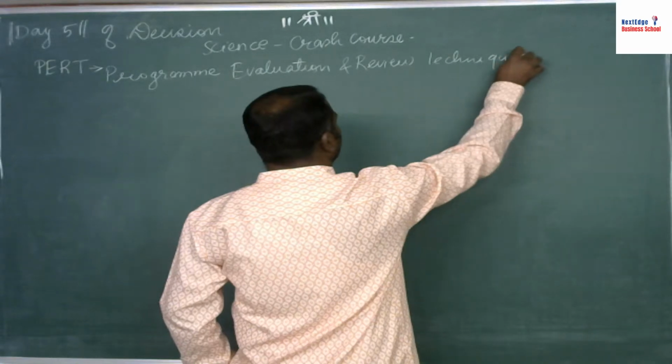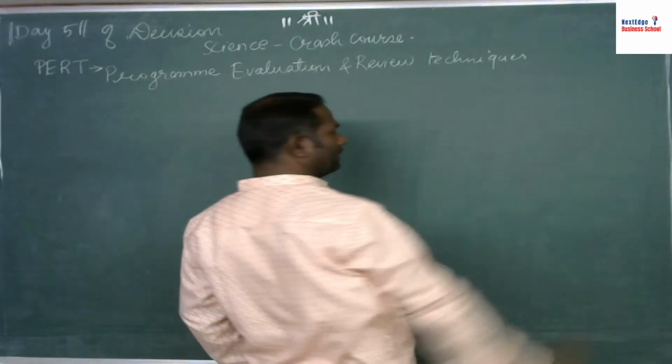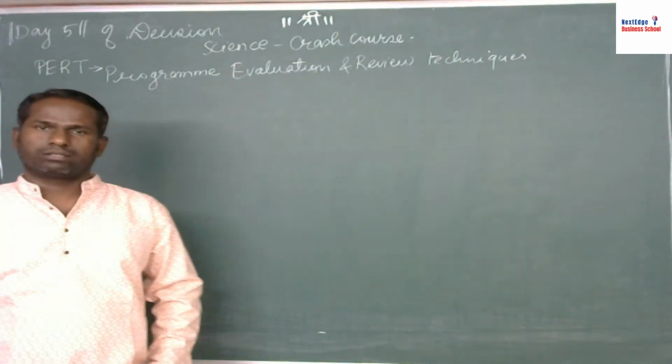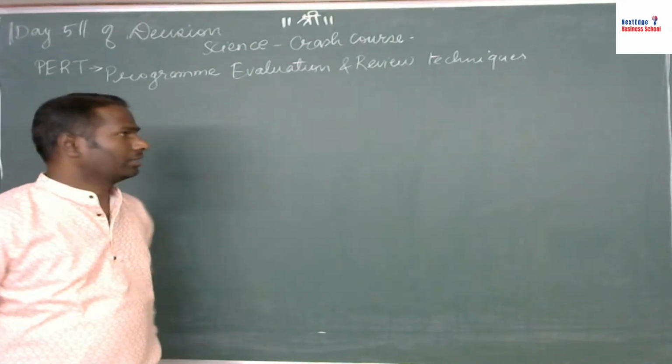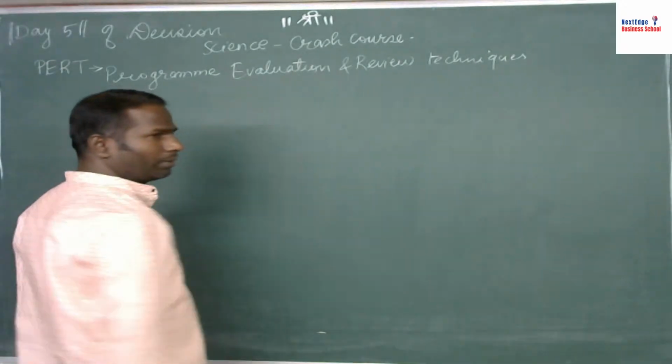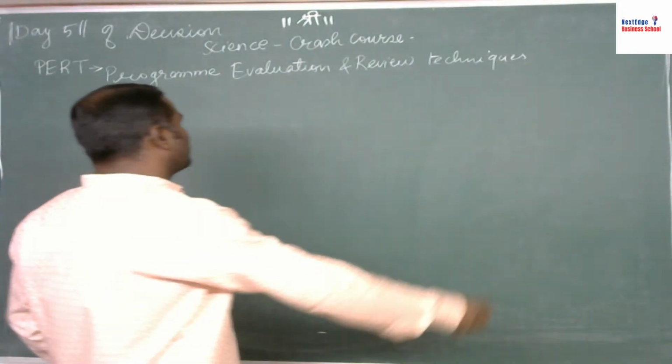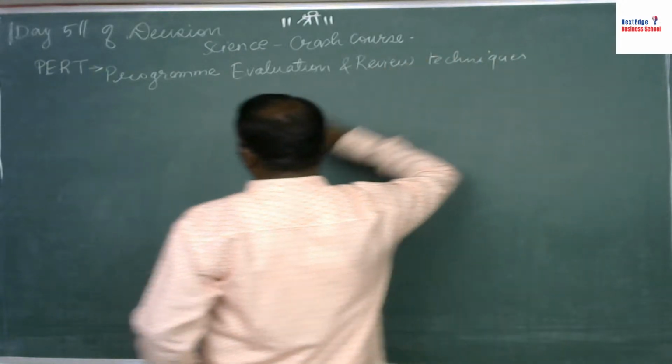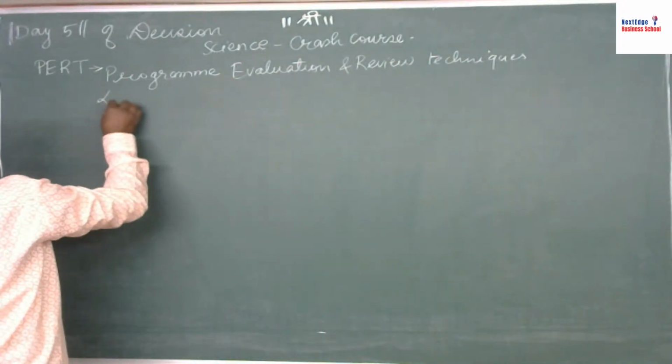These questions would be asked for 10 marks in the examination, so you have to be very focused and particular about this kind of problem, right? So this you are going to study. We are going to take one problem of PERT, and then if time permits, we'll start with another portion, that is what we call decision theory.